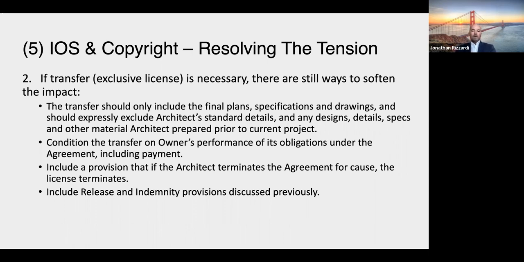Again, if the architect terminates, the license terminates. If the architect terminates for cause, of course, typically it's a situation where the owner isn't paying. So that's the same way of saying conditioning it on owner's payment. And then, of course, the release and indemnity.